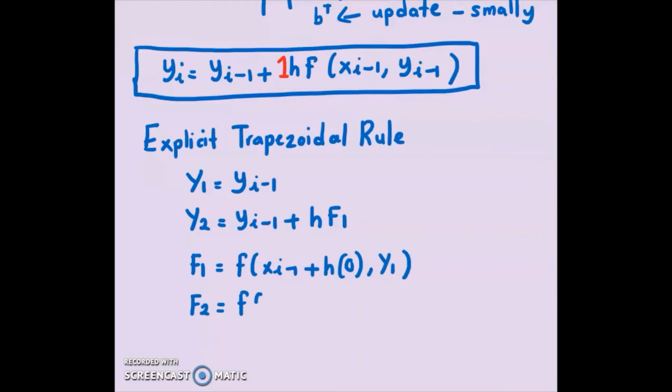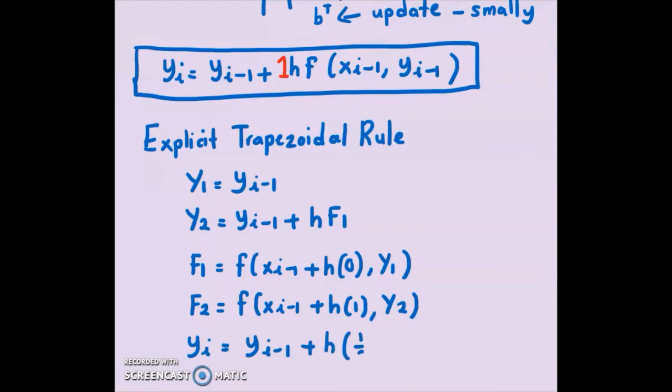And you have also F_2, it's a two-stage method, f of x_{i-1} plus h, Y_2. So the update y_i is given as y_{i-1} plus h half F_1 plus h half F_2.